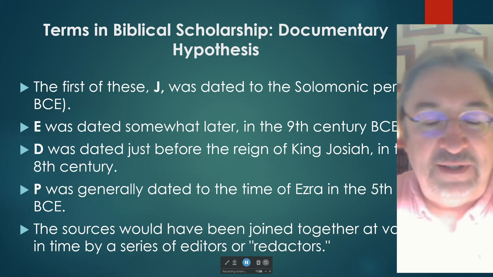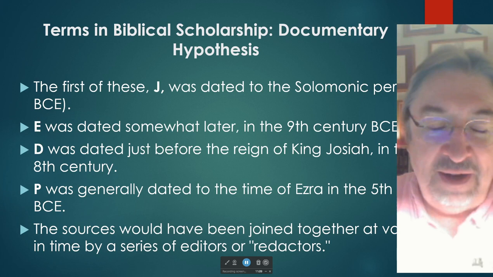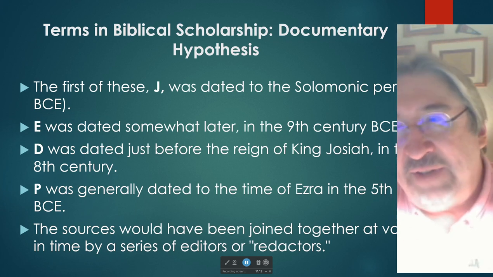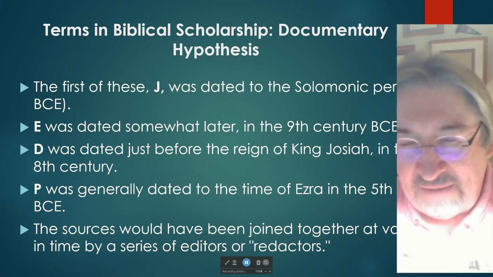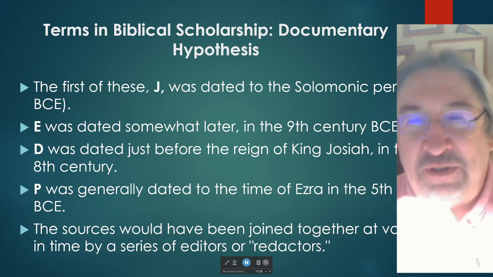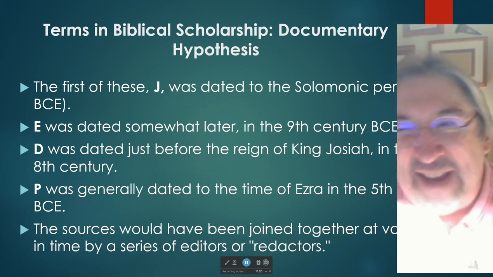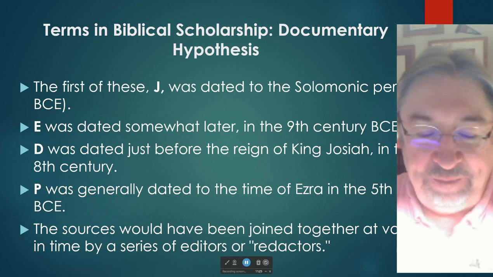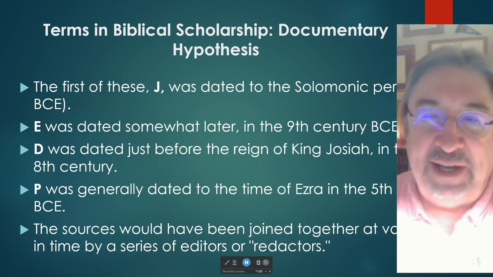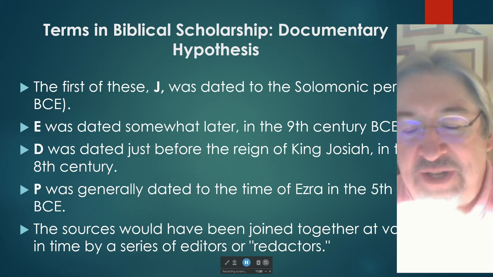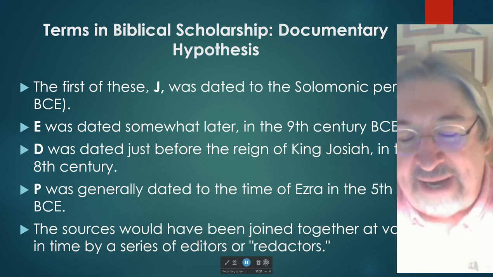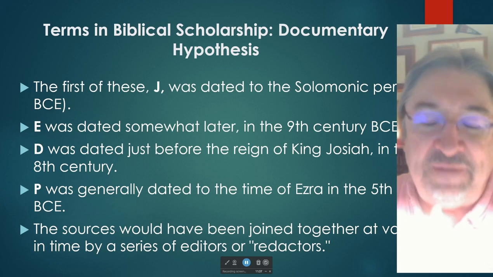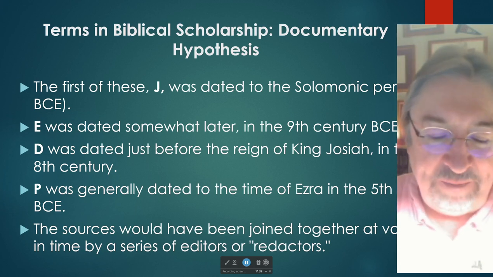Next came the Elohist. Then the Deuteronomic was dated right before the reign of King Josiah in Hebrew history. And this was in the 7th, possibly 8th century BCE. And then the priestly source has basically been dated to the time of Ezra, which was around the 5th century BCE.